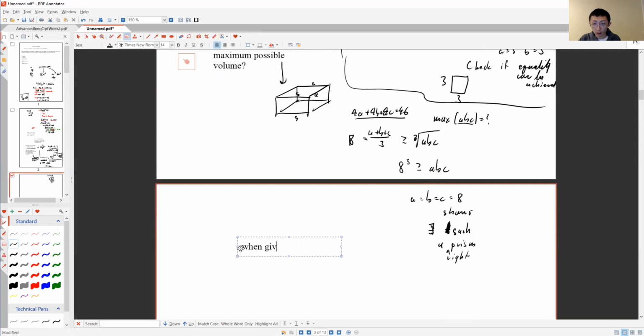When maximizing a product or minimizing a sum, you can consider AMGM, given a sum. So these are just some things that you might want to consider.